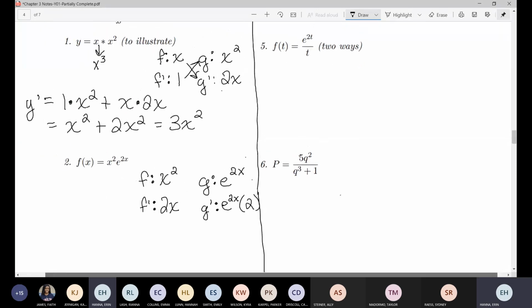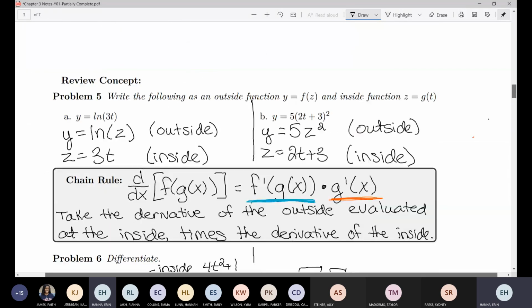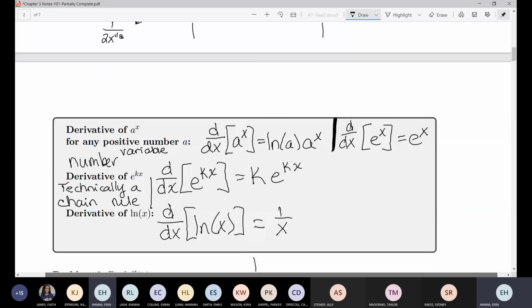So that's why the e to the kx rule is technically a chain rule. Don't think you have to use a chain rule on an e to the kx. But way back when we wrote down that rule, I wrote that it was technically a chain rule, so I just wanted to go through the full chain rule process to show you that I meant it.